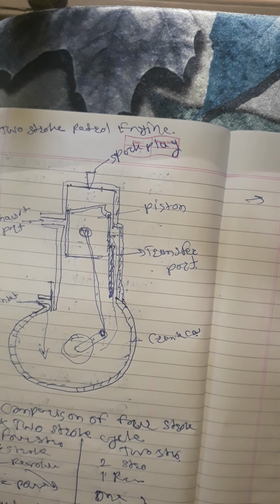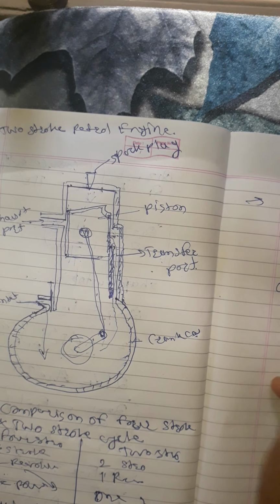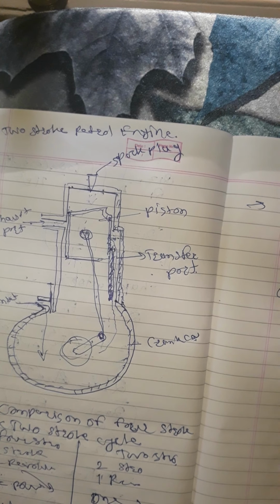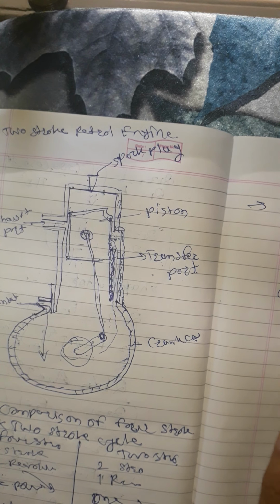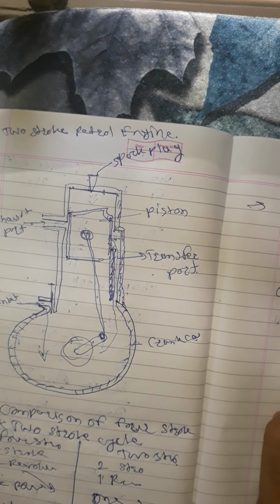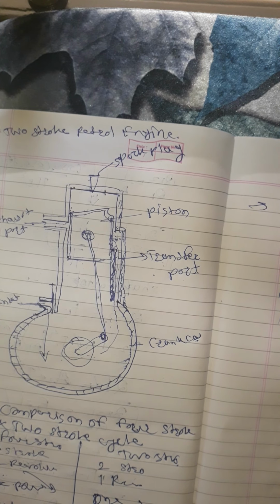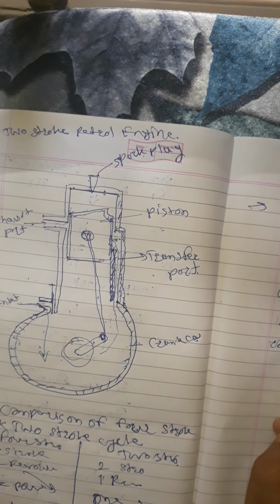Here, only air enters the combustion chamber. Here a carburetor is used for the mixture. Here air filters are used. The petrol engine is lighter, the diesel engine heavier. The compression ratio is high in the diesel engine because only air is compressed. The compression ratio is lower in the petrol engine.